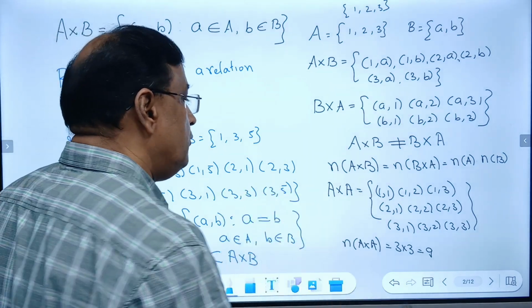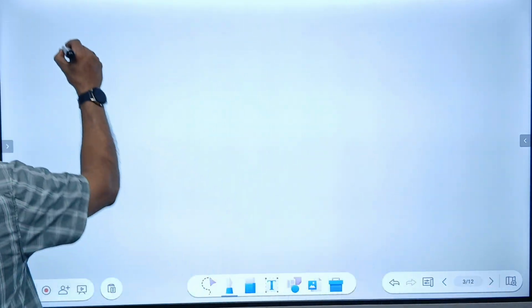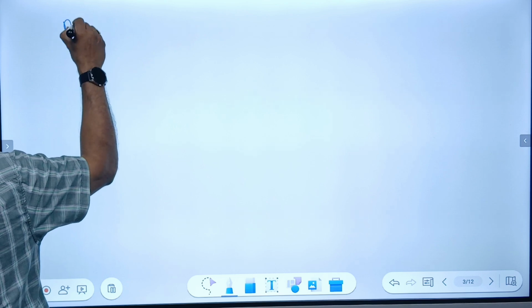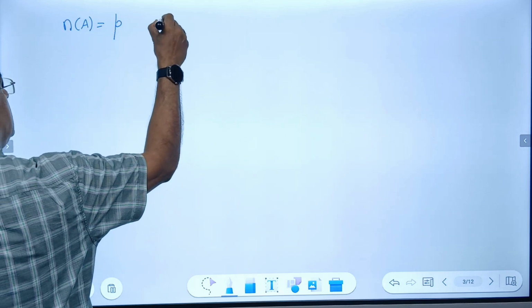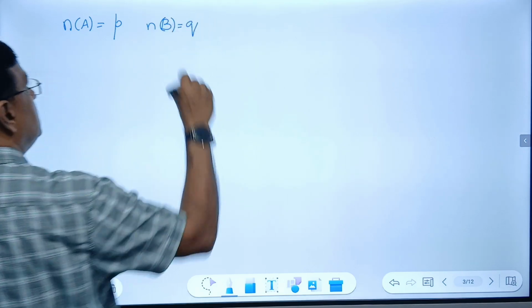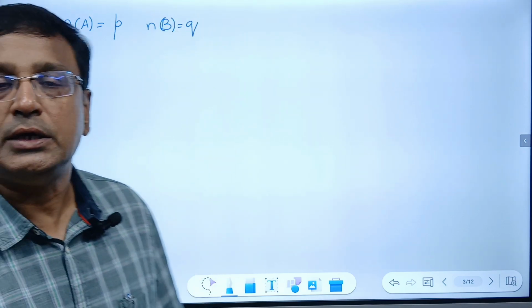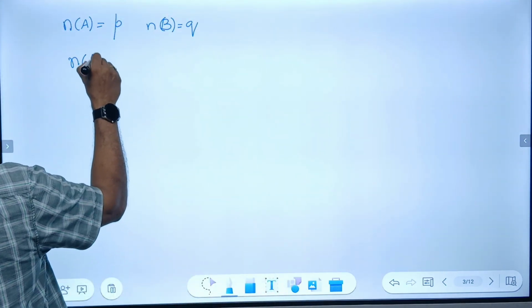Now how do I find the number of relations? Suppose we assume A is a set which has P elements and B is a set which has Q elements. A has P elements, B has Q elements. So how many elements will A cross B have?